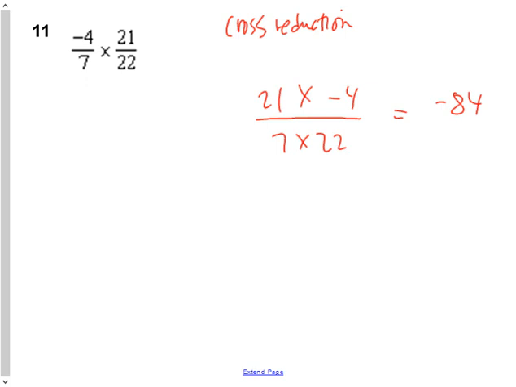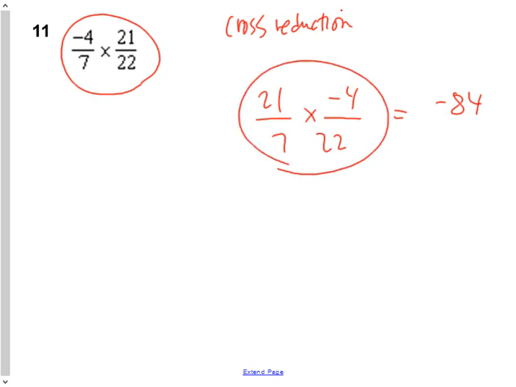Either way, if I swap those two numbers, I still end up with negative 84. So I could have had this question instead. This question here and this question here are going to yield the same answer. No matter what I do, those 2 fraction multiplications are going to be the same.